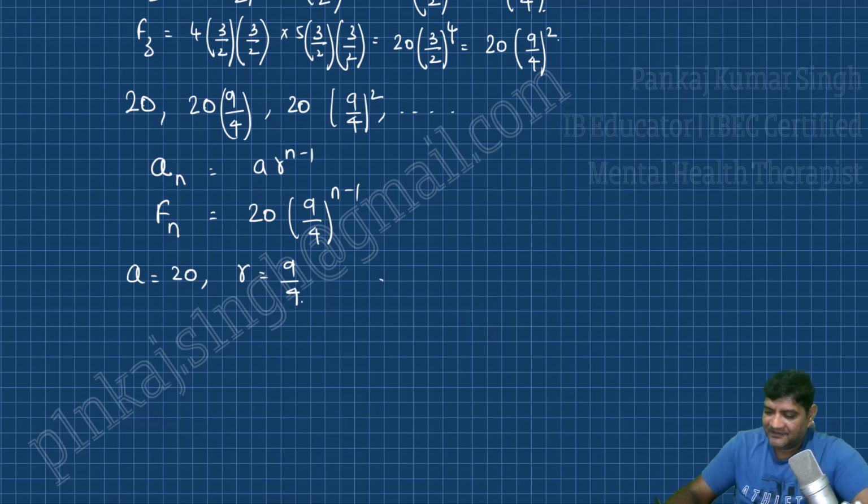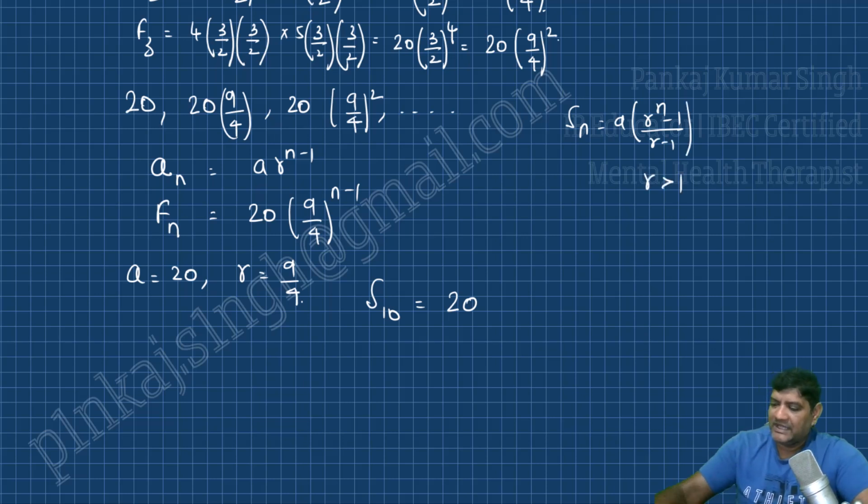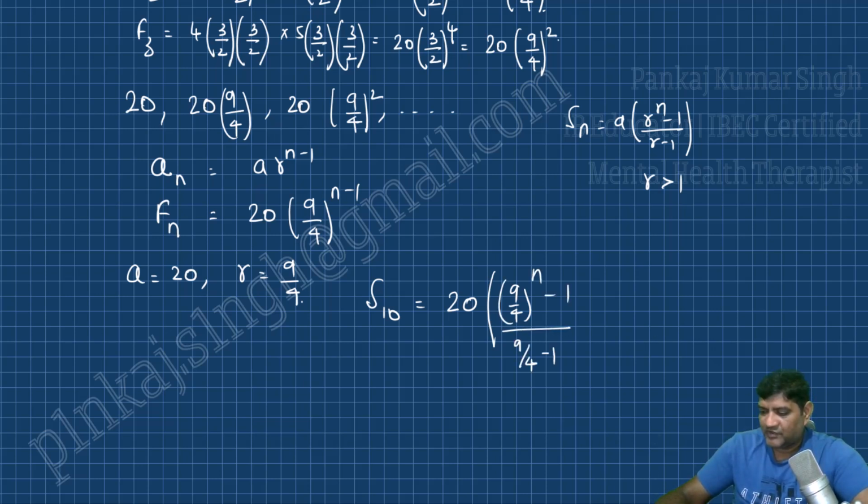So Sn, or S till 10 picture frames, is, well, I'm quickly writing the formula over here, a into r to the power of n minus 1 divided by r minus 1, because r is greater than 1 over here. So this is 9 by 4 raised to the power of n minus 1 divided by 9 by 4 minus 1.